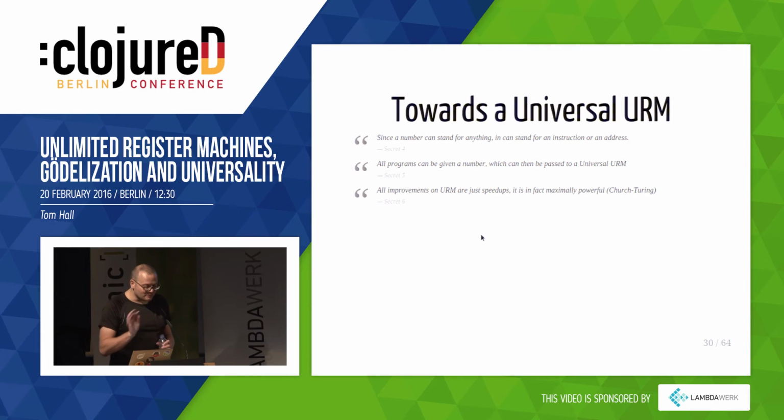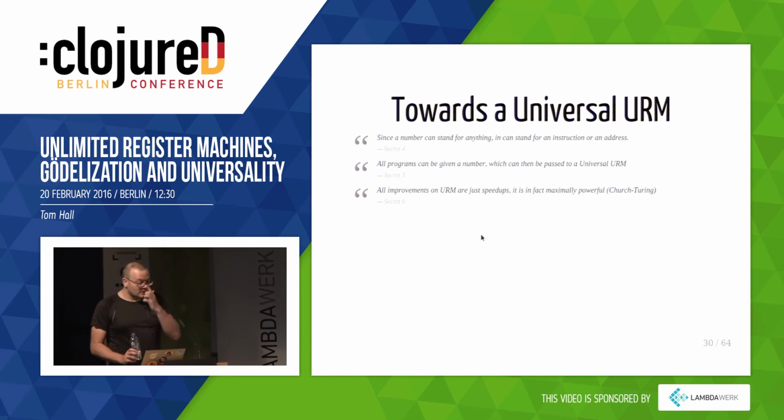So these are 3 of Dennett's 7 secrets. Since a number can stand for anything, it can stand for an instruction or an address. The example I gave you briefly there was using a register to signal an error condition. If you think about all the other functions we might implement, you could have a sign register that represented whether the number was positive or negative, and you could actually treat negative numbers even though all of the registers were in the positive numbers, for instance.